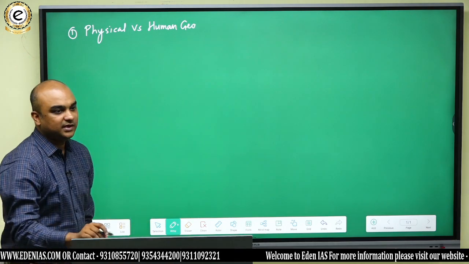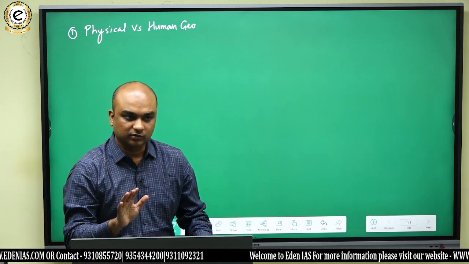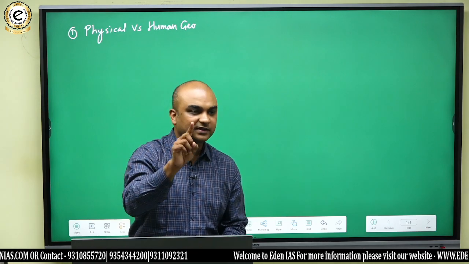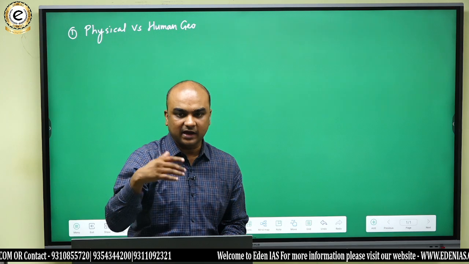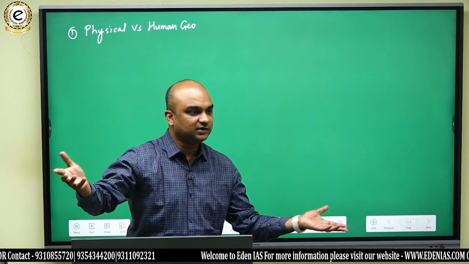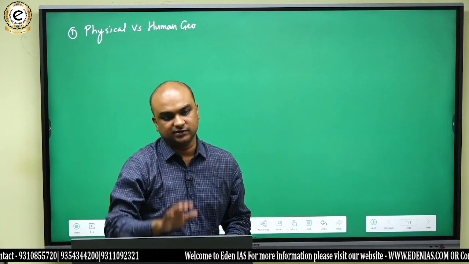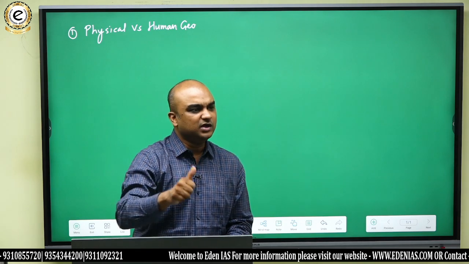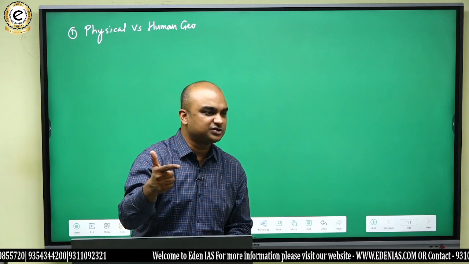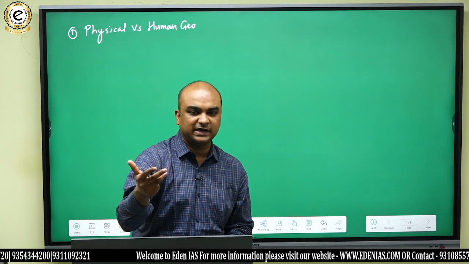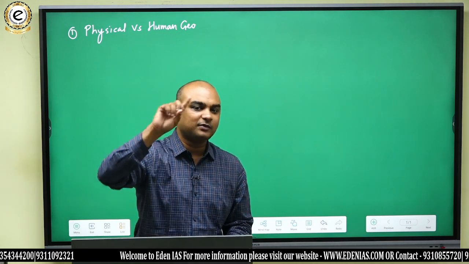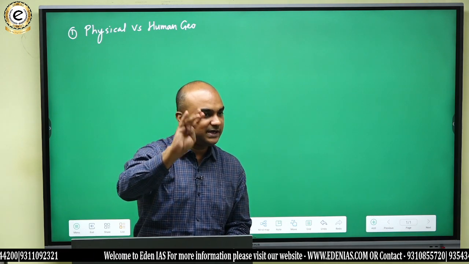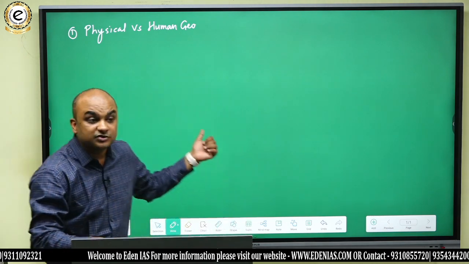Now see, when we are bothered about the natural landscape over the surface of the earth and how it is spaced out, we are in the realm of physical geography. It means when we are talking about geomorphology, climatology, oceanography, biogeography, environmental geography, we are talking about the natural environment, abiotic and biotic. We are in the realm of which geography?